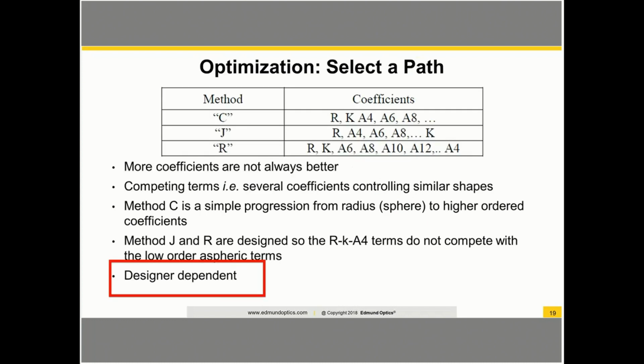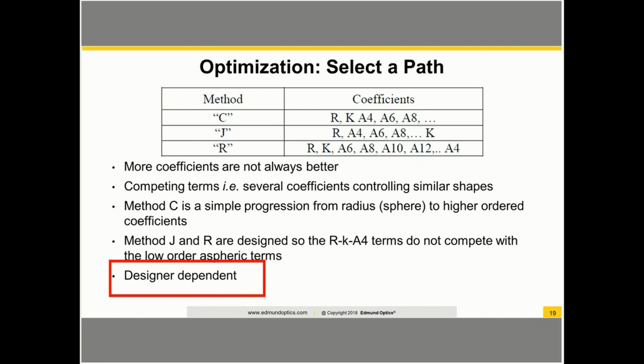In our engineering community, we identify three methods for optimization. Method C, that you see at the top of the list, is the most straightforward one. We take the spherical equation and we start optimization left to right, starting from the radius, then conic coefficient, A4, and so on and so forth.